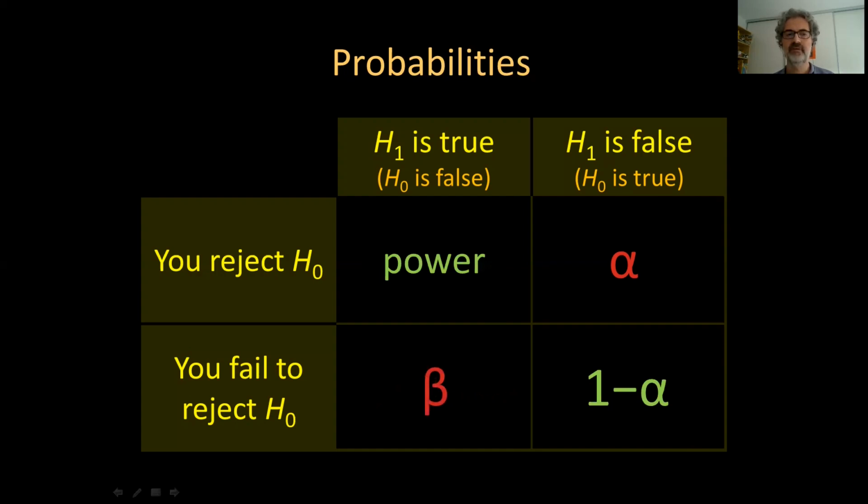Because if the null hypothesis is false, you will either reject it or not reject it. Therefore, these two must add up to 1. Power is sometimes known as 1 minus beta. So these are the probabilities for the different types of errors, contingent on the null hypothesis being either true or false.